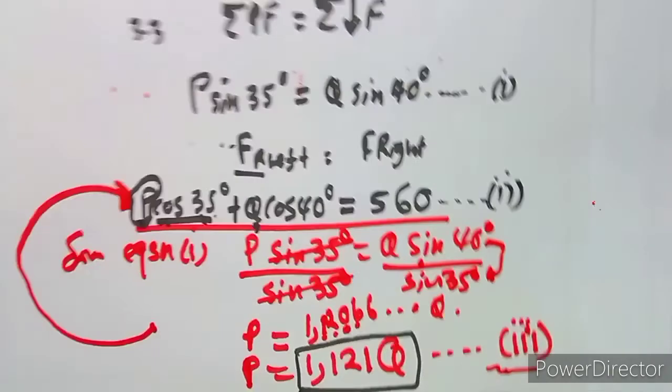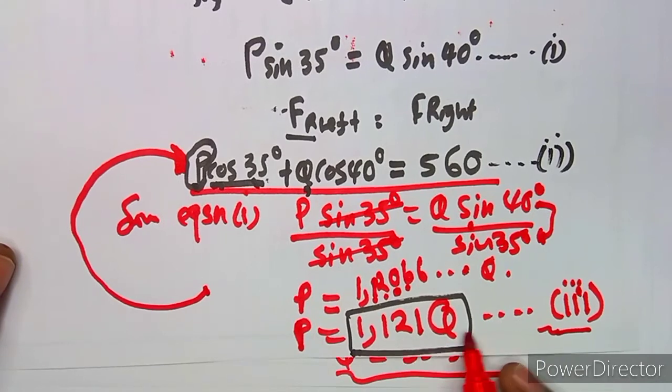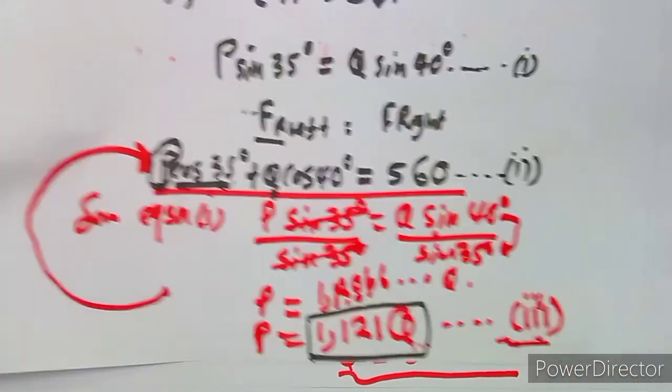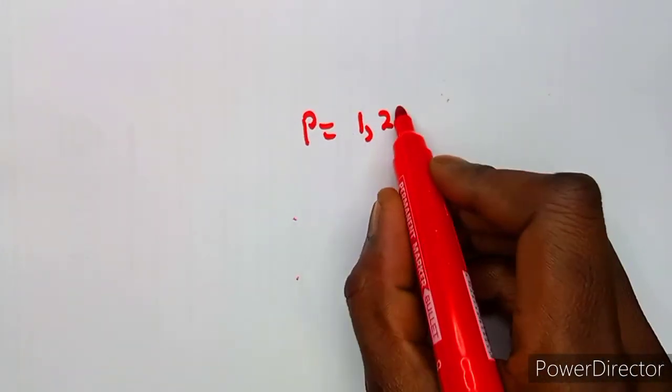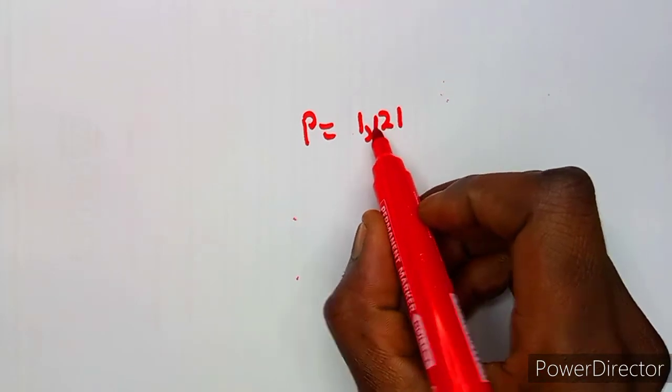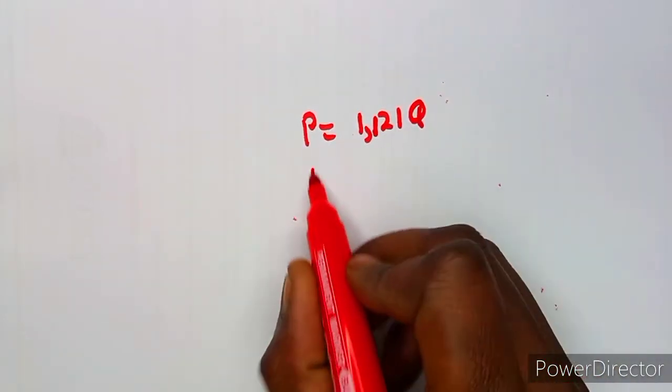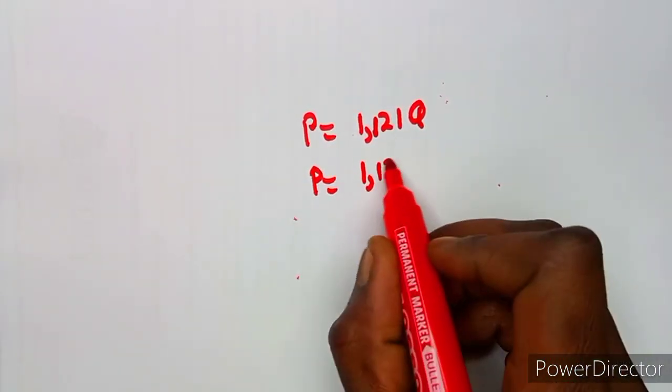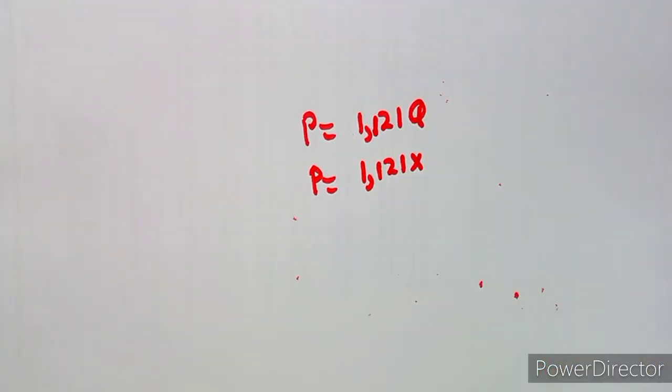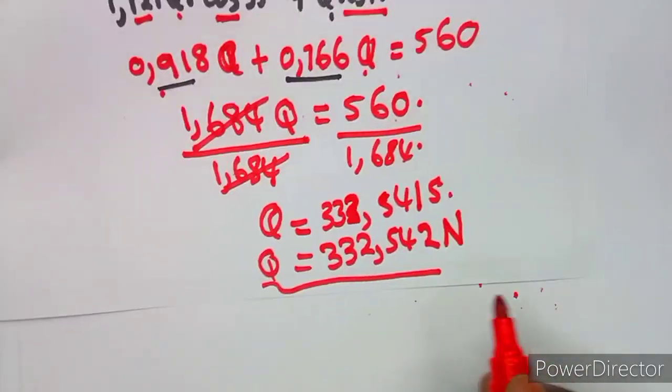Because already I have my p that I made the subject from equation 3. So p is equal to 1,121 q, so p is going to be 1,121 by q, which is this q that we obtained here.